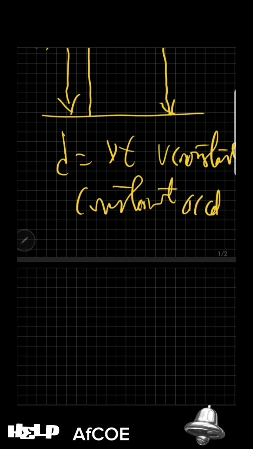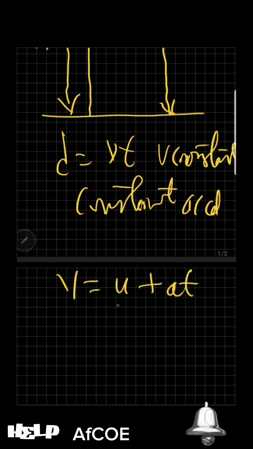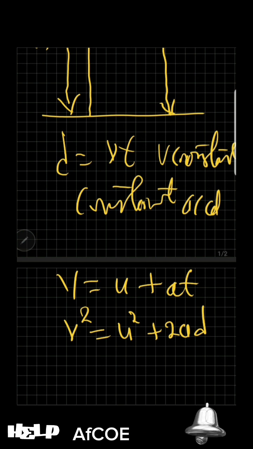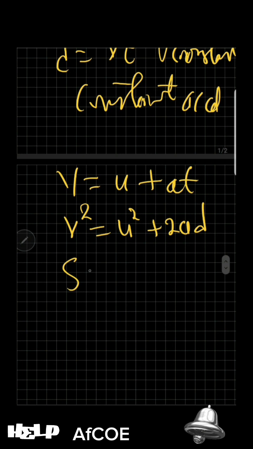The first one is v = u + at, the second is v² = u² + 2as, and the last is s = ut + ½at².